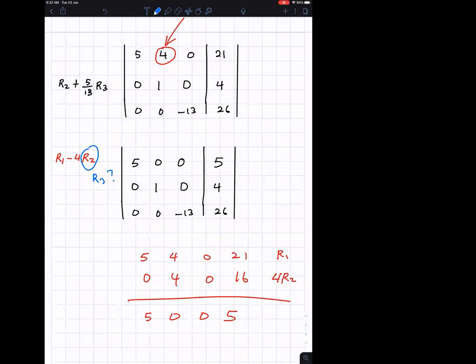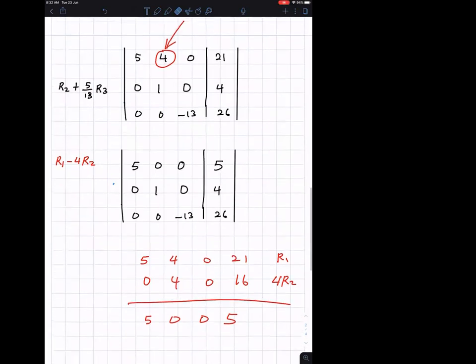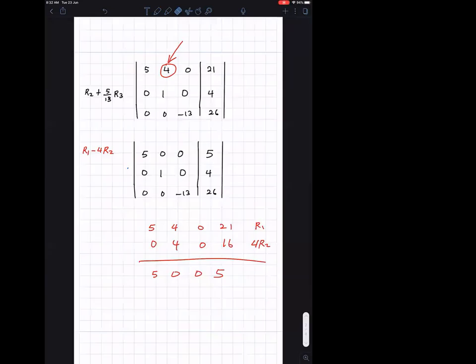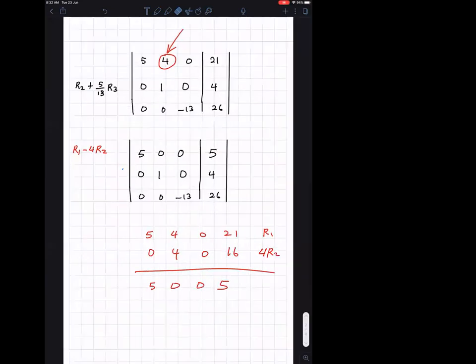Because you cannot use row 3 to make this go to 0, since the entry here is already 0. So these are the kind of things you have to think about before doing it. The rest is simple addition and subtraction. The last thing you have to do, you're still not done. You are still not in the Gauss-Jordan format yet.